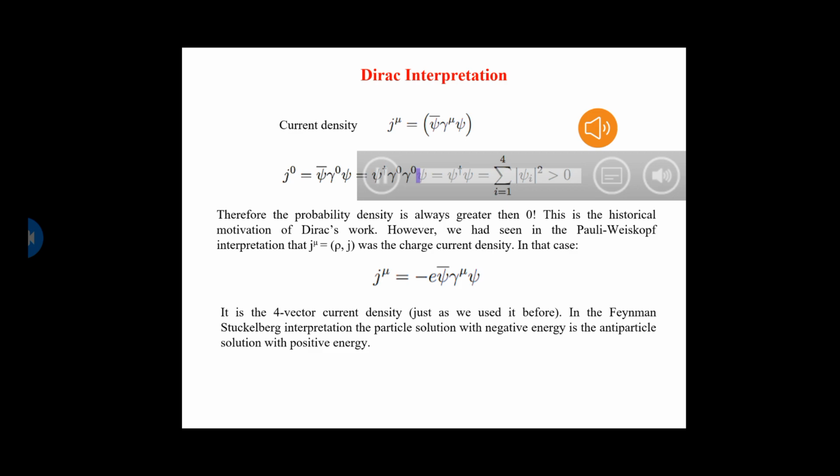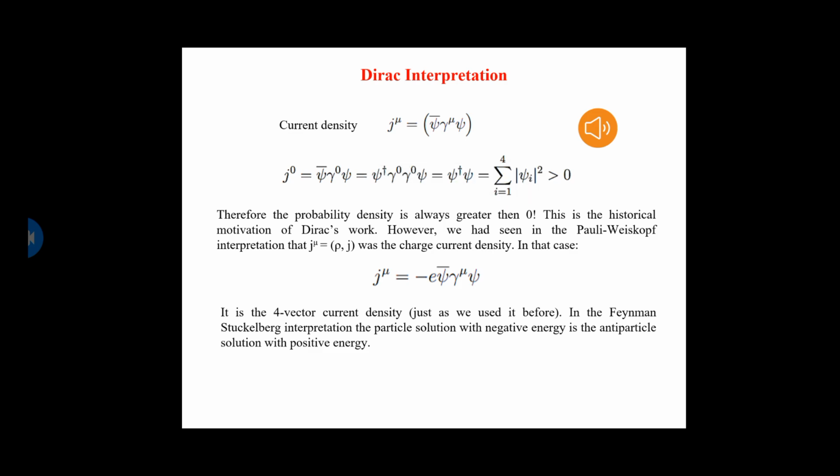Current density j mu is equal to psi bar gamma mu psi, so j naught is equal to psi bar gamma naught psi, which is equal to psi Hermitian gamma naught gamma naught psi is equal to psi Hermitian into psi, it is equal to summation i is equal to 1 to 4 of psi i square, which is greater than 0. Therefore, the probability density is always greater than 0.